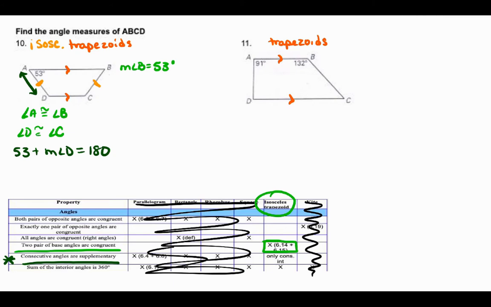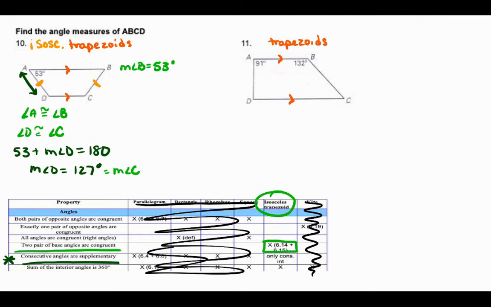So when we subtract the 53, the measure of angle D is 127 degrees, and because this is an isosceles trapezoid, the measure of angle C will be the same as that as well.